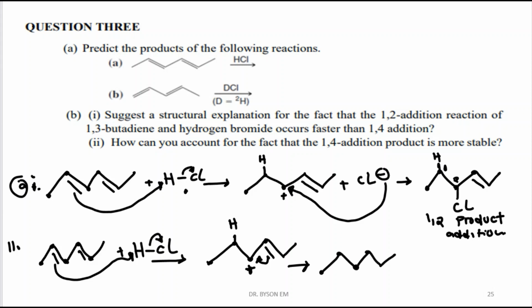The double bond will be here, and then the positive charge will be here. The chloride which left in solution will then come and attack there. And then the product will be this.